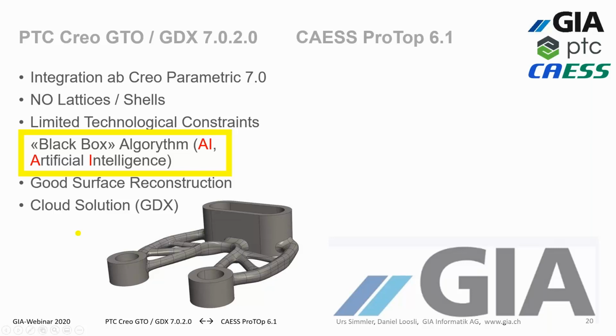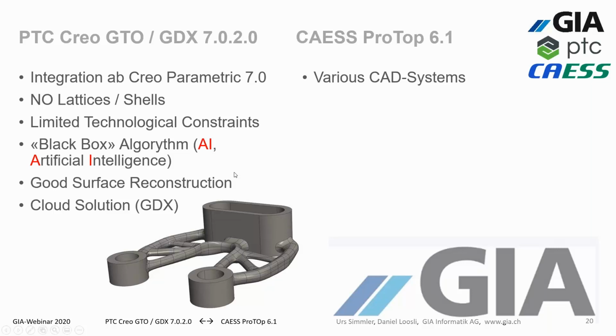I mean, the optimized components are looking quite interesting, but it would be great to have a little bit more information about that. In GTO GDX there are no lattice, no shell features available, and no non-linearity is available.